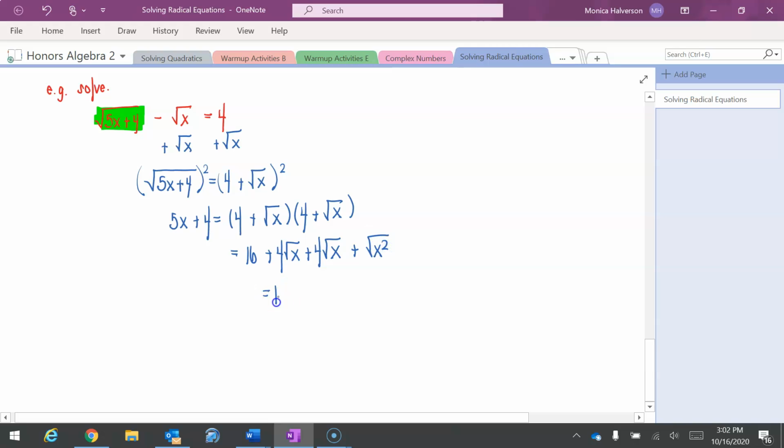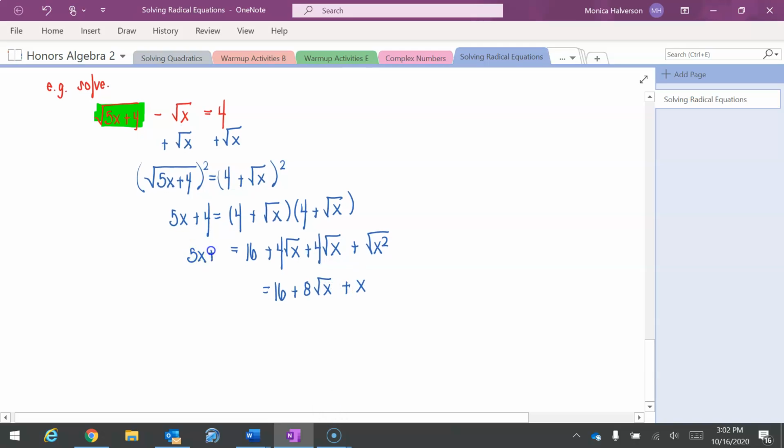And then I'm going to simplify, and I get 16 plus 8 root x plus x, and that equals 5x plus 4. Now I need to isolate the next radical. So I'm going to subtract 16 from both sides. I'm going to subtract x from both sides, and I get 4x minus 12 equals 8 square root x.